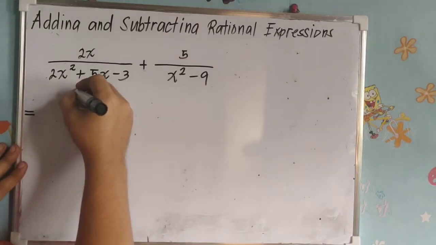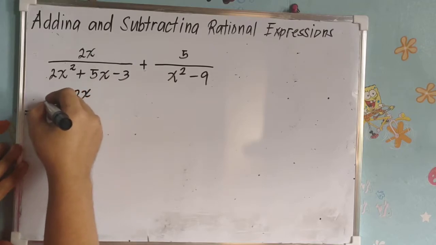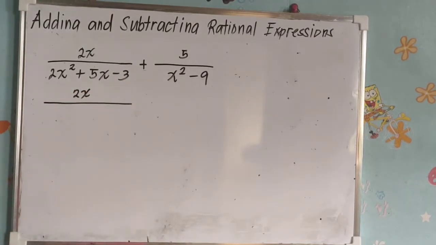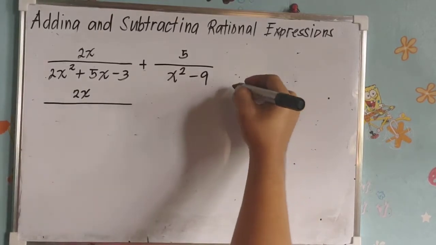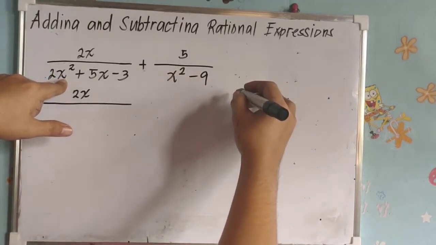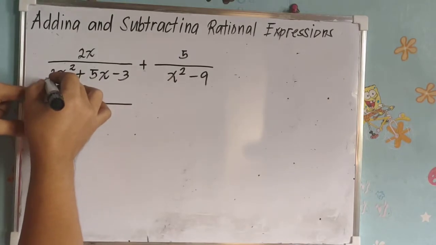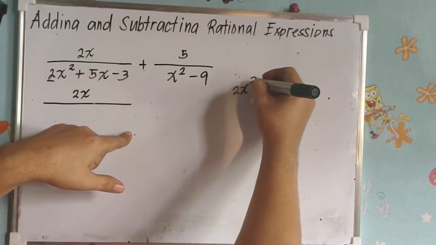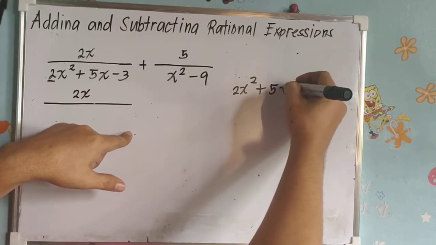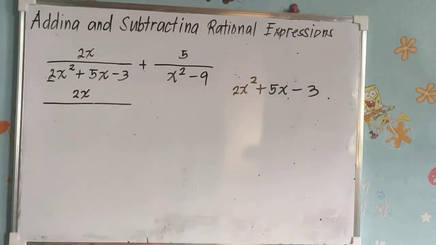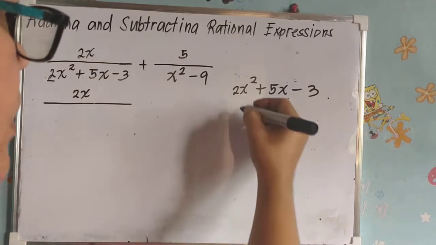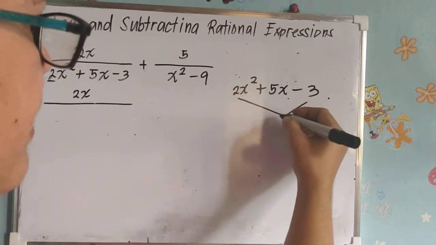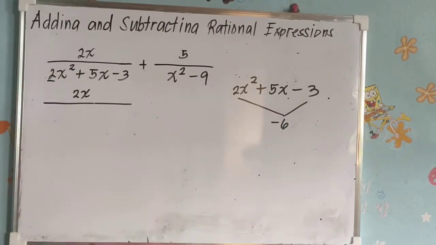So we have 2x over. So this is similar to our previous example earlier, where the numerical coefficient is greater than 1. So we have 2x squared plus 5x minus 3. So multiply this, 2 times negative 3 is negative 6.